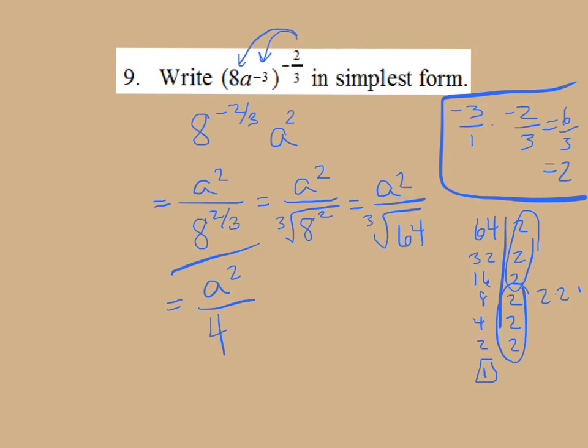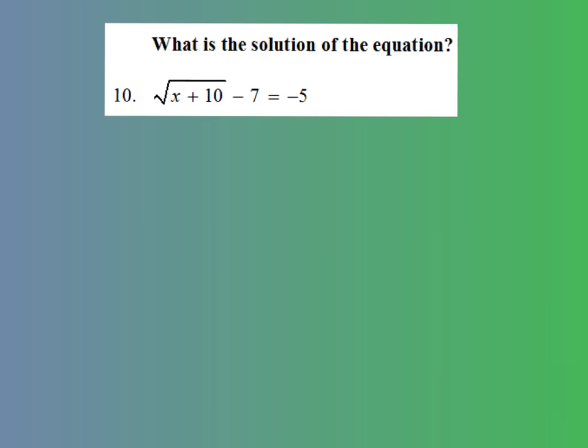For this next problem, we need to go through and we need to solve for x. I see that I have a radical. Remember, whenever we're looking at solving problems with radicals in them, the first step is to isolate that radical. So I'm going to go ahead and I'm going to add 7 to both sides, so I can get rid of that 7. And I end up with the radical x plus 10 equals 2.